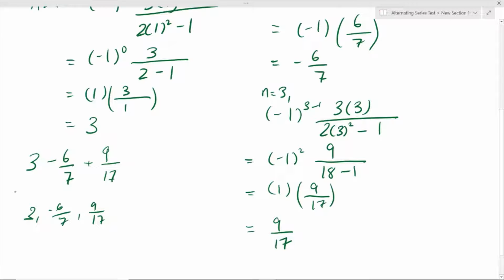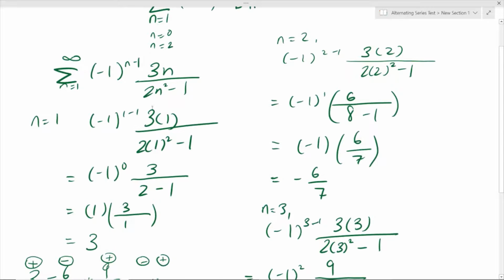So we would have to look at it this way. And it keeps going on and on. So it's going to alternate between positive, negative, positive, and negative. That's how the pattern works. So it keeps going, and that's why it's an alternating series.